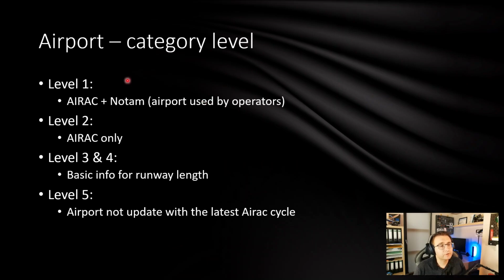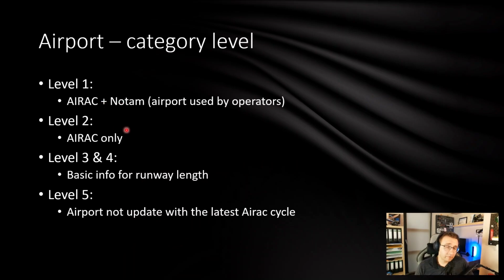Level 1 airports are all the airports used by real operators, which are mainly huge hubs but also some regional airports, and will be updated with the AIRACs and the NOTAMs. So this is a full update of the airport. Level 2 is AIRAC only.